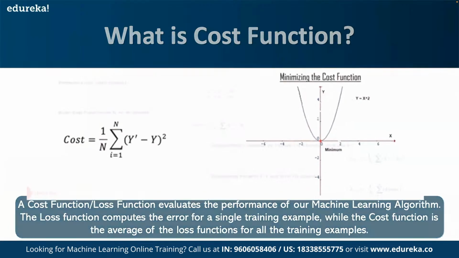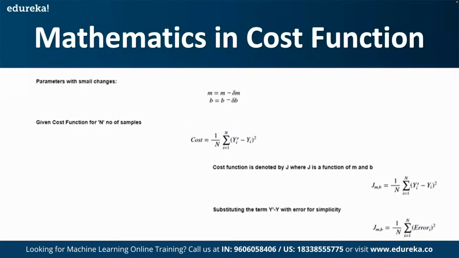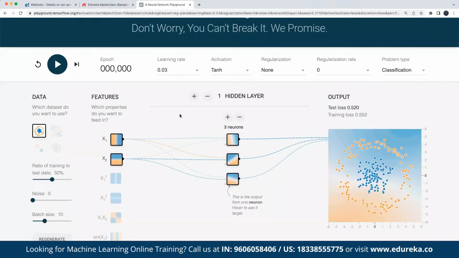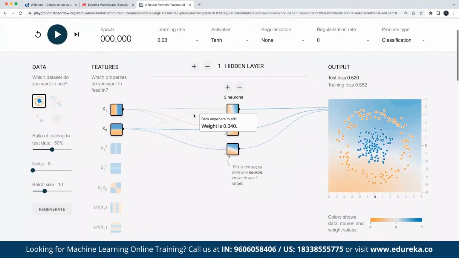Now, to help you get a clear picture, let's consider a scenario and come back to the previous example that we have seen earlier. So this is a case where I have the value of loss like this. In order to arrive at the value of loss, I have various parameters.